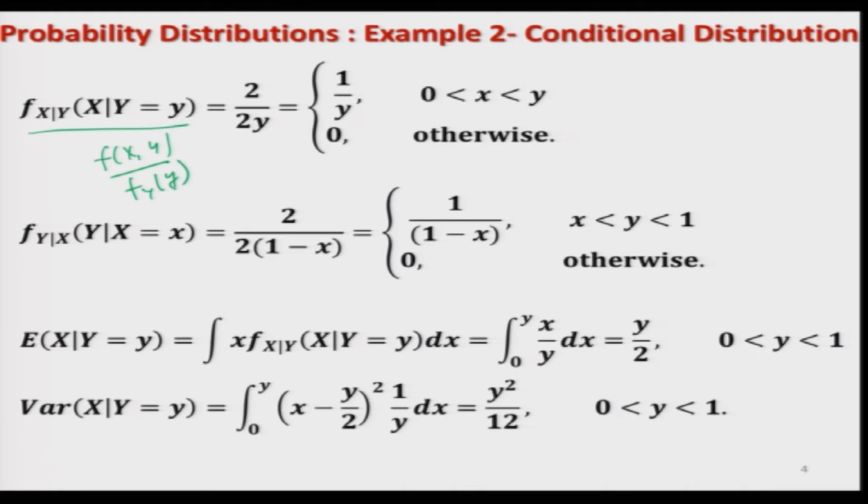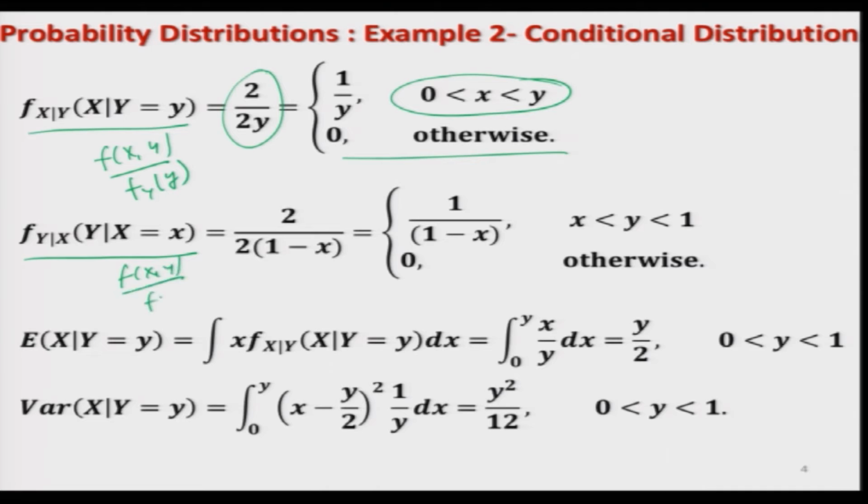You have obtained all these values, you simply have to substitute and you obtain 2 upon 2y, that is equal to 1 upon y if x is lying between 0 and y, and 0 otherwise. Similarly, you can find the conditional density function of y given x by f of x, y divided by the marginal of x, which is 1 upon (1 minus x) if y is lying between x and 1, and 0 otherwise.